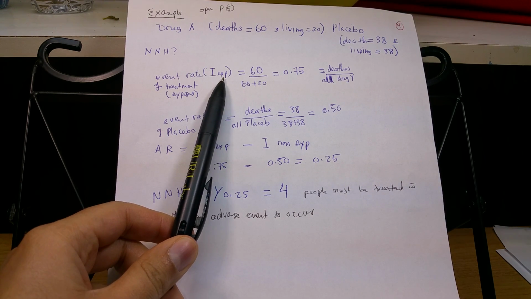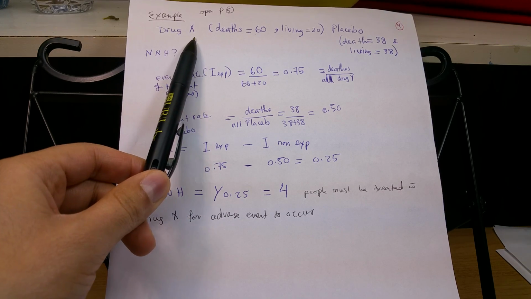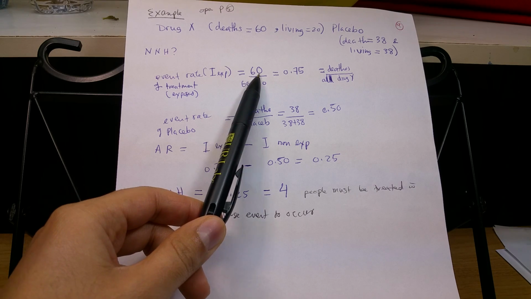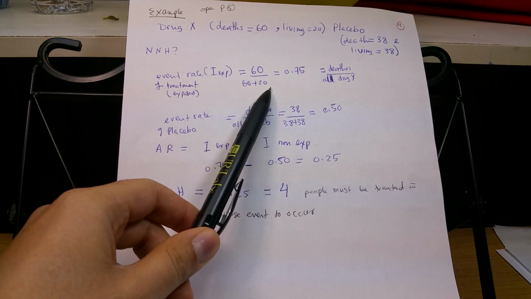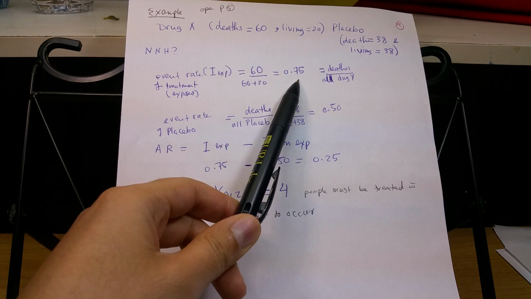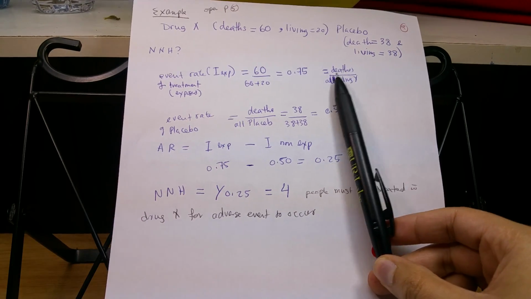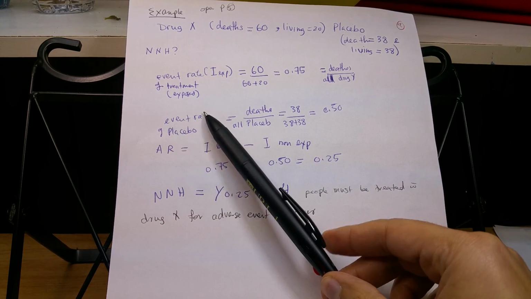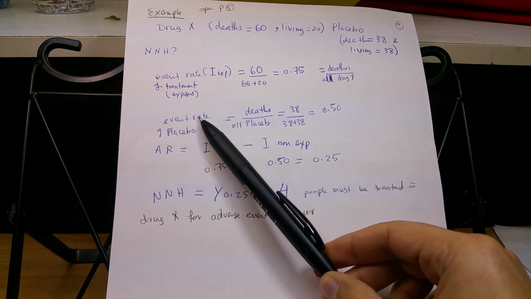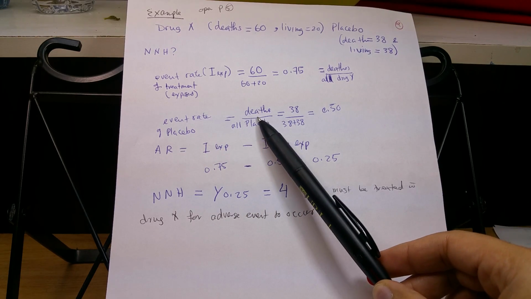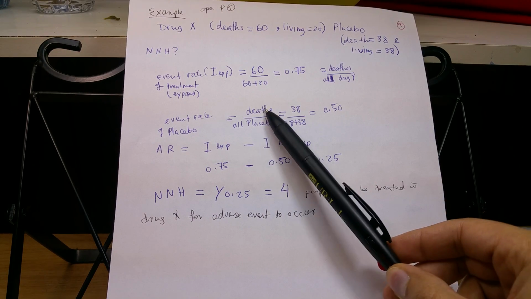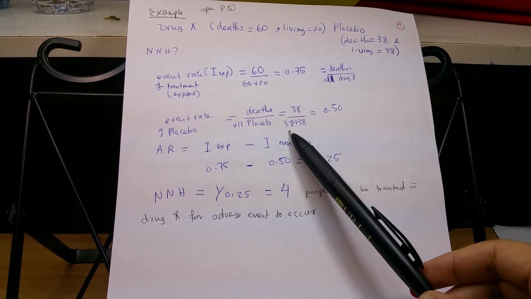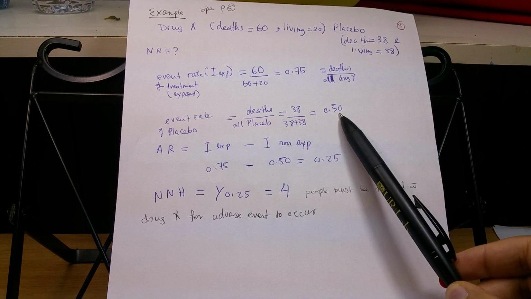Incidence in exposed. Exposed here are people with drug X. So 60 people with the event, the side effect or the death, divided by all people, gives us 0.75. So deaths divided by all people who got drug X. The event rate of the placebo or the non-exposed is the deaths due to the placebo divided by all people who got the placebo, 38 divided by 38 plus 38, which is 0.5.